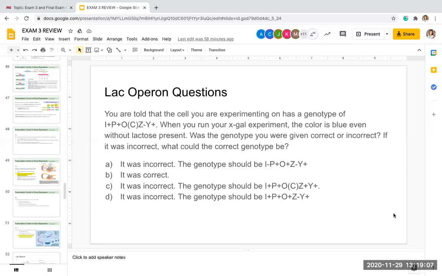So if they're expressed constitutively, that means that whether or not lactose is there, they're always transcribing those genes. So we can have it blue if we're always transcribing our beta-galactosidase. Does that make sense, Yash?